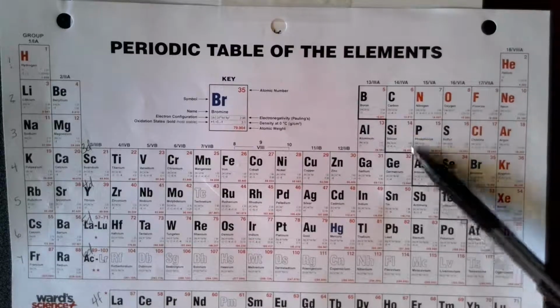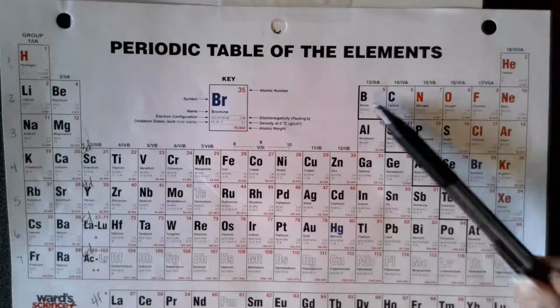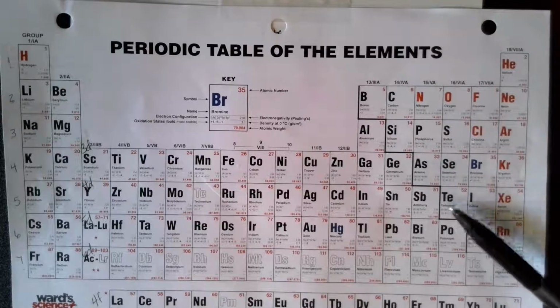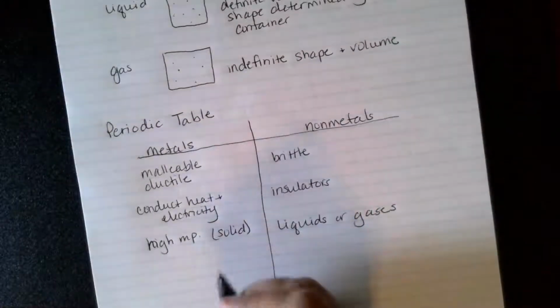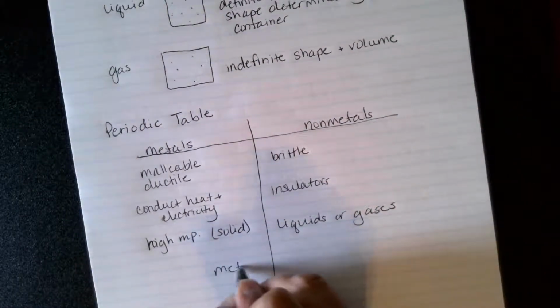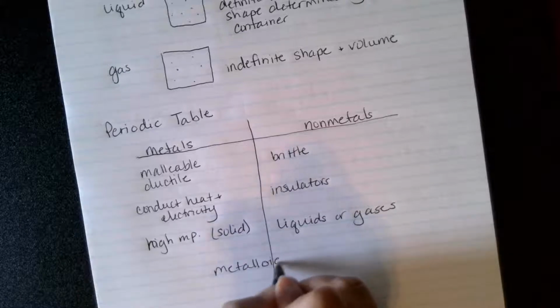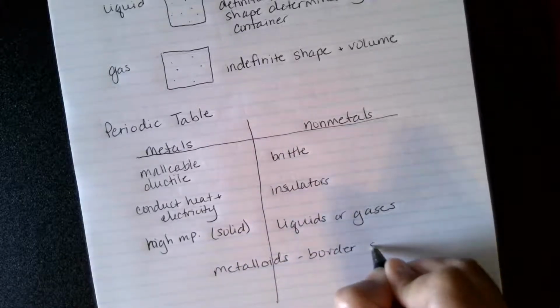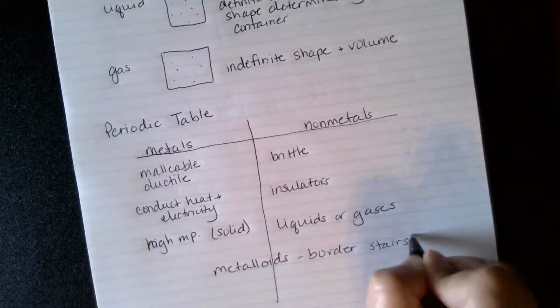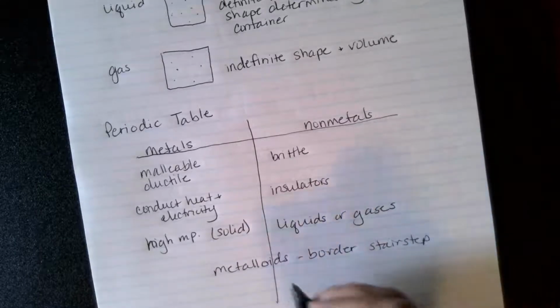Okay, so that's the boundary line. The ones that directly border this stair step, those are called the metalloids. And the metalloids have properties of both metals and nonmetals. And these border the stair step, with the exception of aluminum.